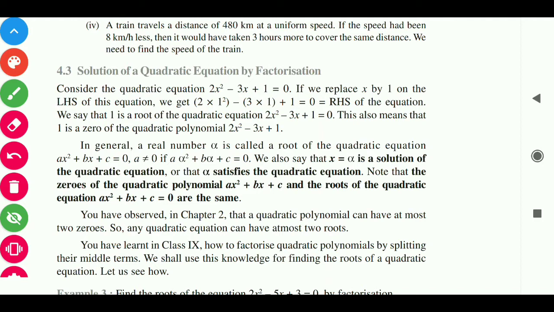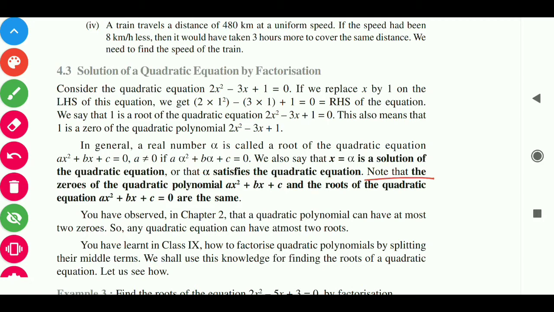That is, if alpha is a root of the quadratic equation, that means if we substitute alpha in place of x, the equation will equal 0. And if this is possible, then we can say that alpha satisfies the quadratic equation.